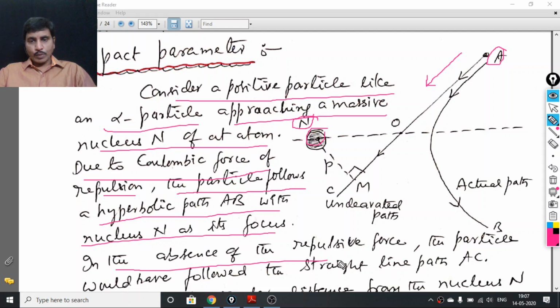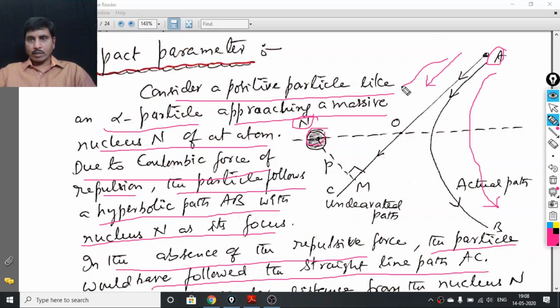In the absence of repulsive force, the particle would have followed the straight path AC. That means, due to repulsive force between nucleus and alpha particle, the alpha particle is moving along this path. This path is a hyperbolic path. If there is no repulsive force, the alpha particle moves along this direction, that is along direction AC.